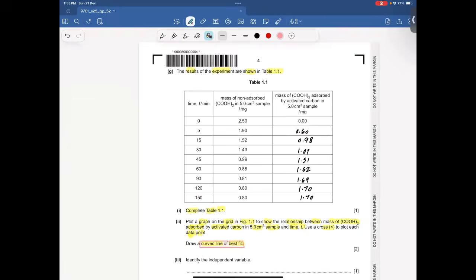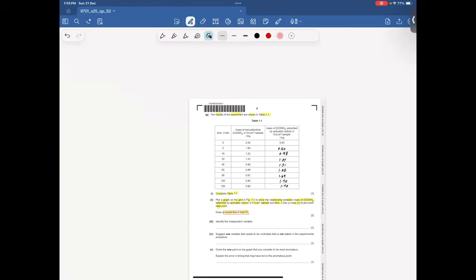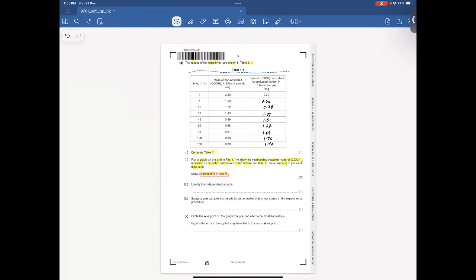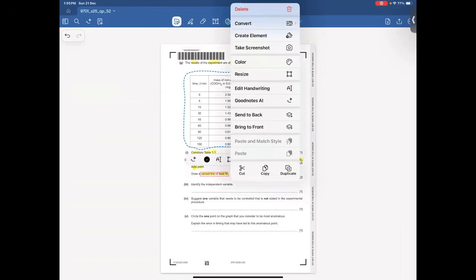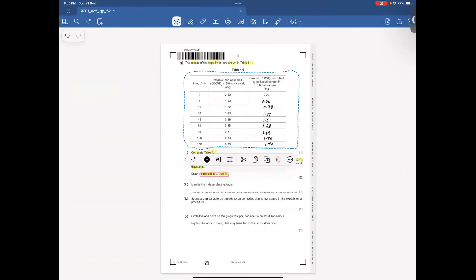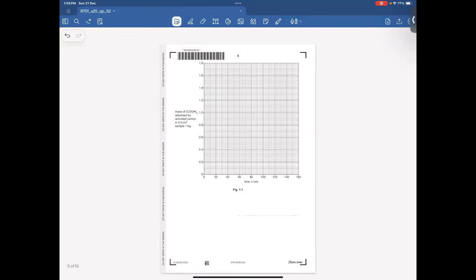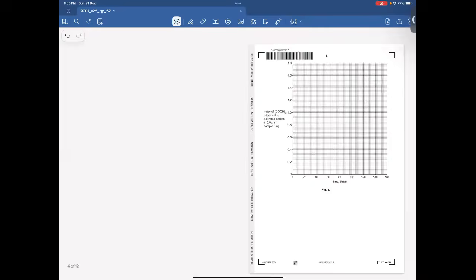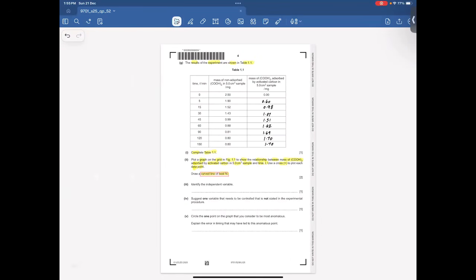Okay, let me copy this data and plot this.